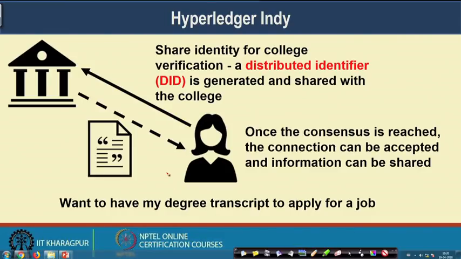Once the college gets verification from these trust anchors that the pairwise relationship Alice is trying to set up with the college with the help of that deed is indeed valid, and that the identity card Alice has shared is not being impersonated, in that case the college will share the transcript with Alice.